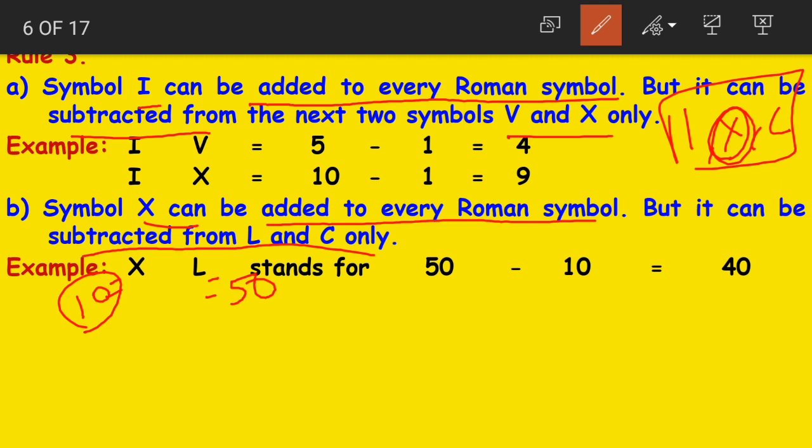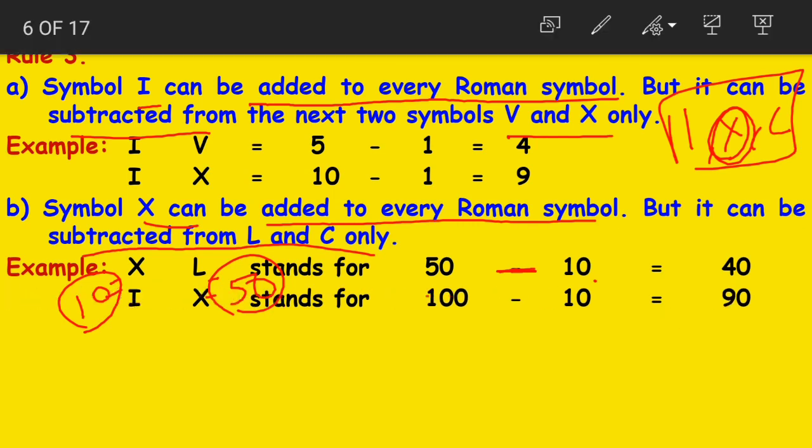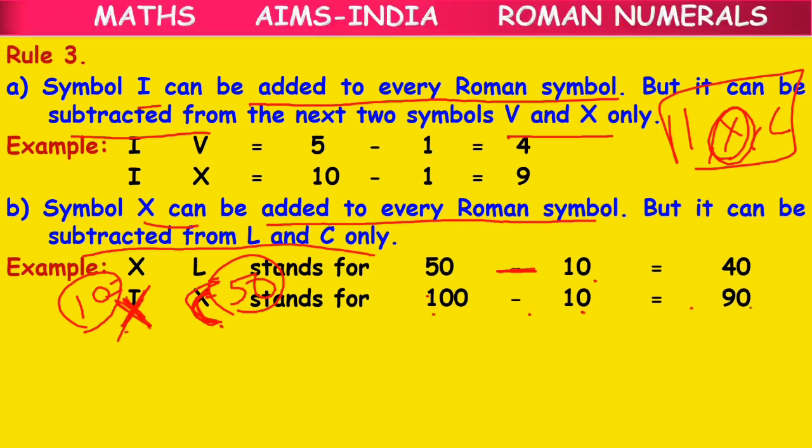Now this is the smaller number and this is the greater number, so we subtract: 50 minus 10 gives us 40. Moving on, this should be XC. Okay, sorry children. XC means 10 and 100. 100 minus 10 gives us 90.